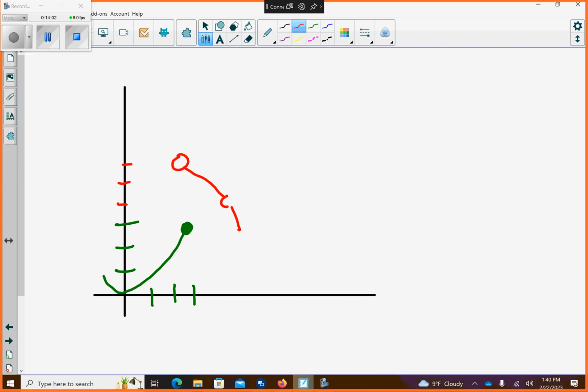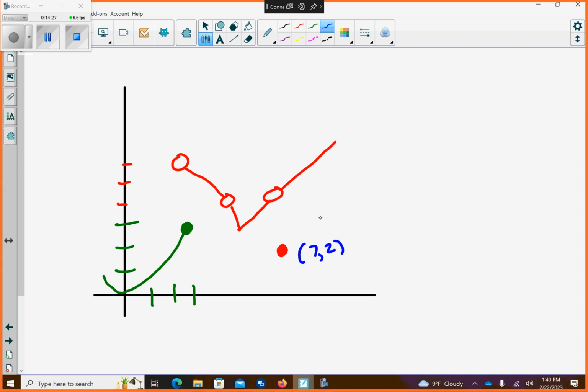I'm trying to mimic this picture. Okay, so let's see if we can. This looks like the point 7 comma 2.